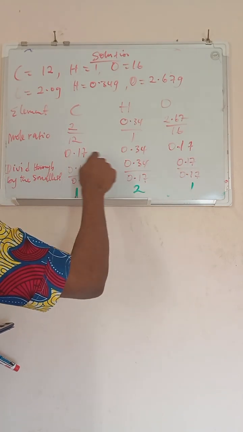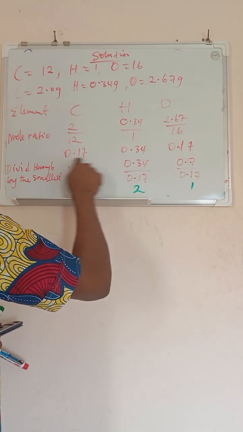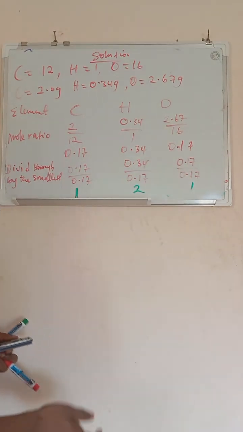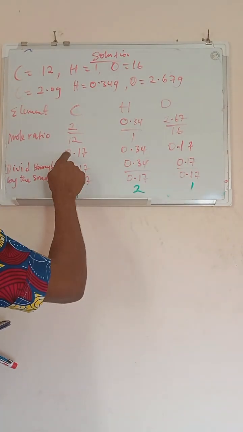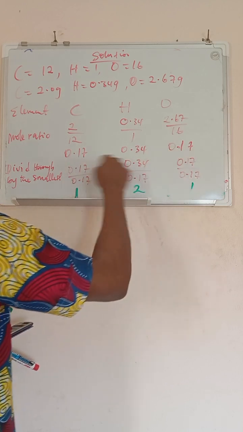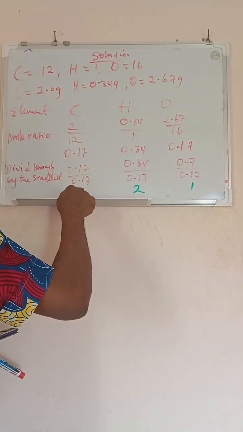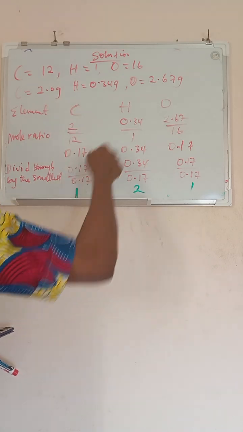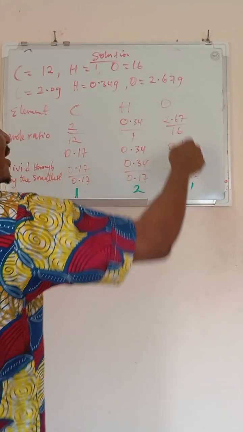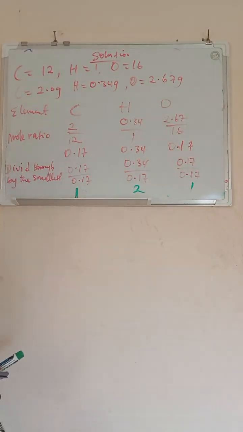The lowest value here and here is 0.17, so we divide both sides. So here it means carbon is 1, hydrogen is 2, and oxygen is 1.